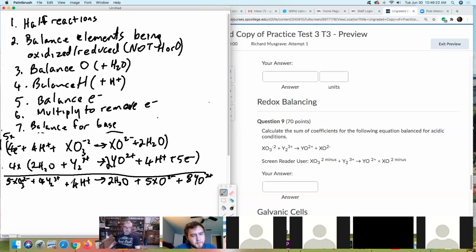And if we're balancing for a base, is that the correct terminology? So we add 4 hydroxide to the reactant side, and 4 to the other side as well. So we get 6 water on the product side. Oh, on the reactant side.